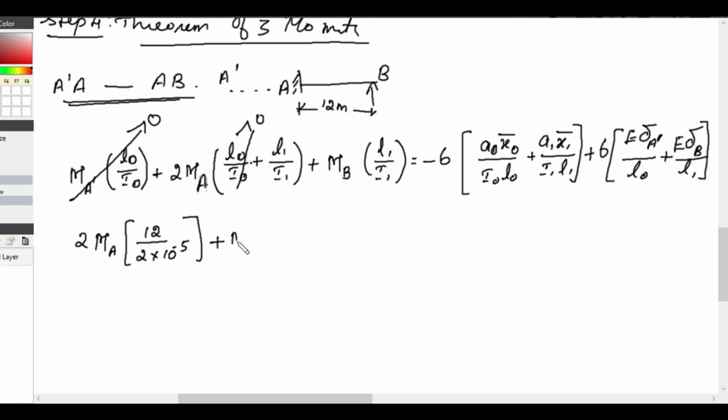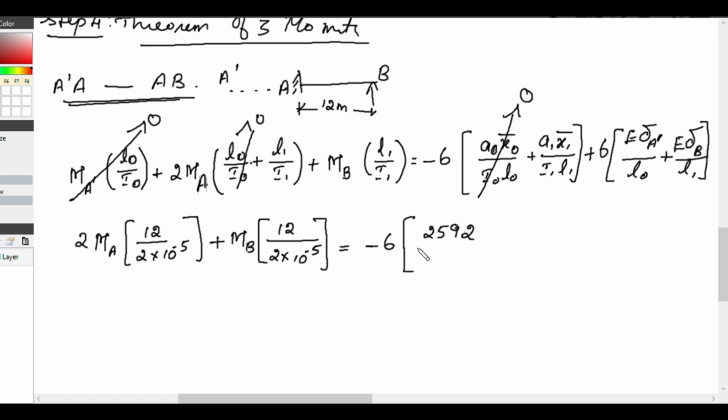Plus MB into L1, which is 12, I1 is 2 into 10 raised to minus 5, is equal to minus 6 into, this is imaginary, so it becomes 0, A1 x1 bar for the span AB. For AB it is 2592 divided by I1 L1.